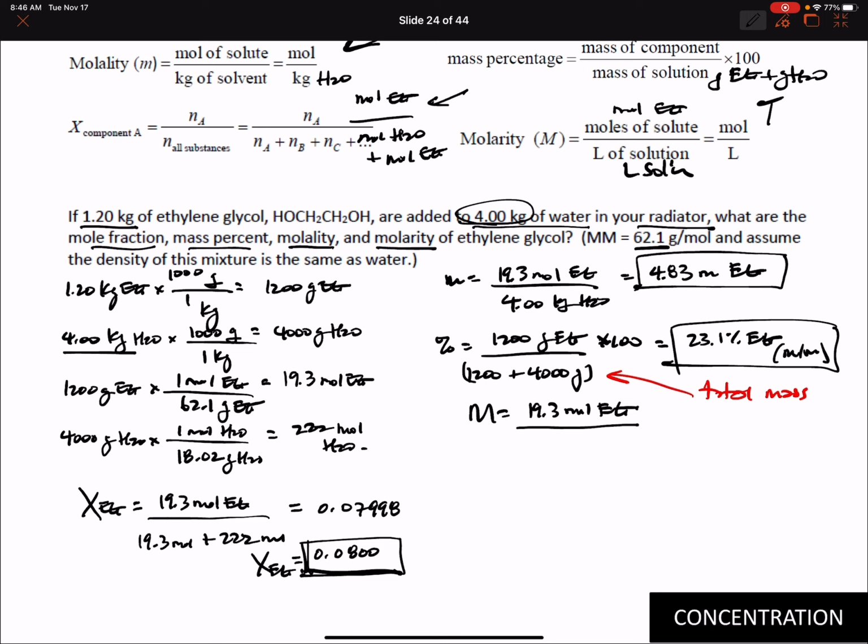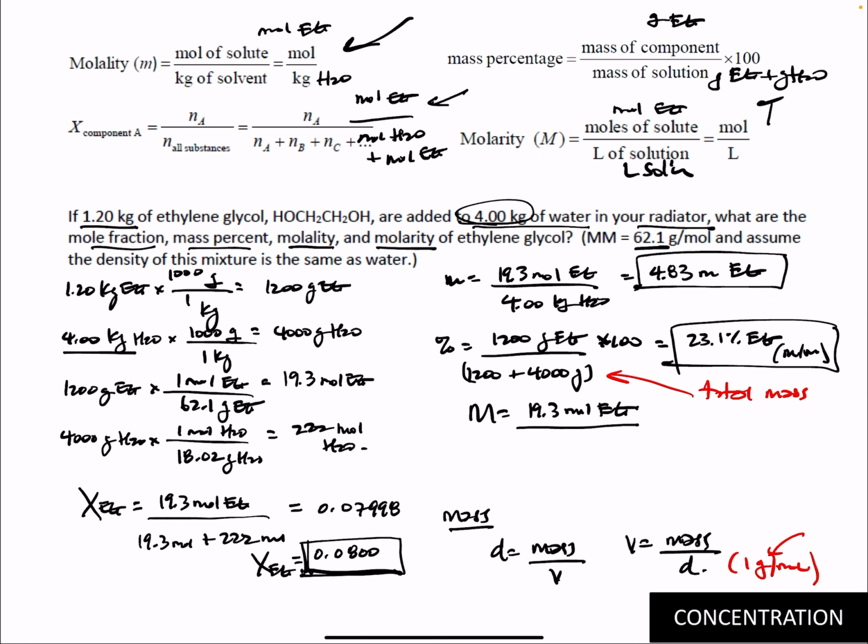Density equals mass over volume, so volume equals mass over density. Let's assume the density of water is 1 gram per milliliter, even though this isn't a pure solution of water anymore. It's a solution of ethylene glycol and water, so the density is probably not exactly 1, but we'll use 1 for ease. You could use the real density.